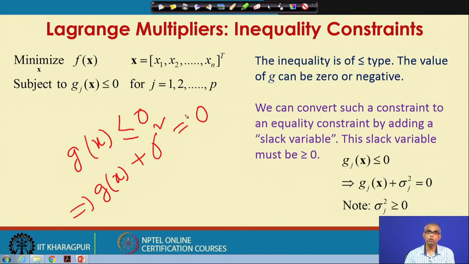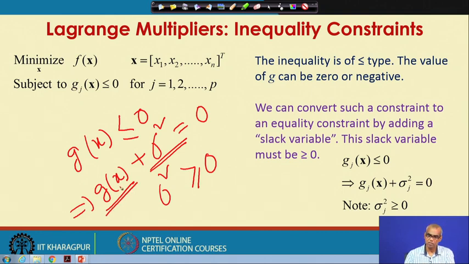Since g is less or equal to 0, you have to add a positive term so that the right hand side equals 0. In fact, you can add a 0 term also if g is equal to 0. So, the restriction on sigma square is that it should be greater or equal to 0. In better terms, I can always add a non-negative term to g(x) so that the right hand side will be equal to 0.